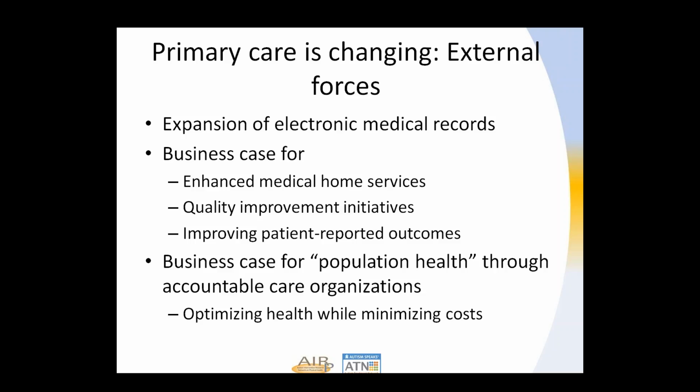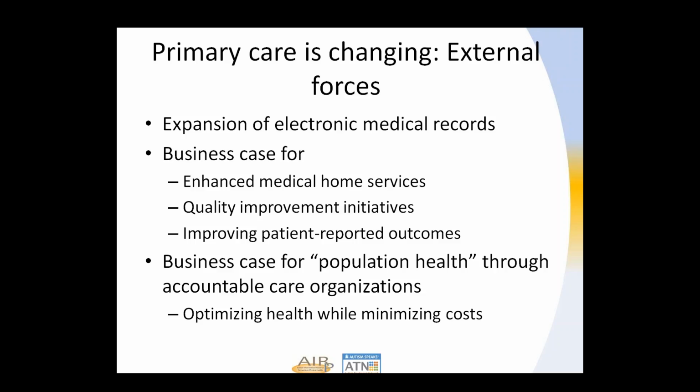Also, there have been a lot of quality improvement initiatives, and the science behind quality improvement has really taken off. A lot of offices will now have quality improvement teams or a quality improvement champion or specialist. Also, we're improving our ability to measure patient-reported outcomes, which I think will become important, especially if primary care doctors are reimbursed in part based on how they do on patient-reported outcomes.